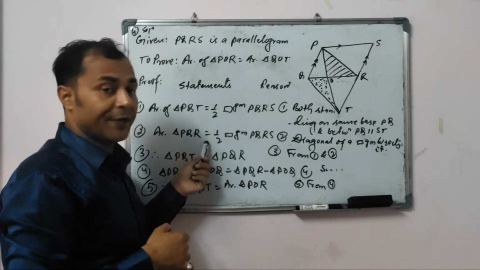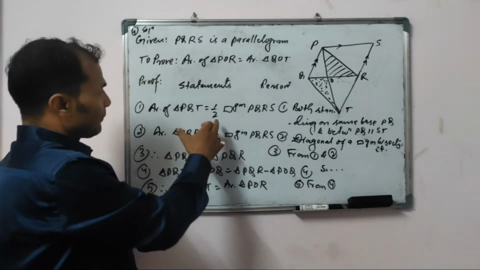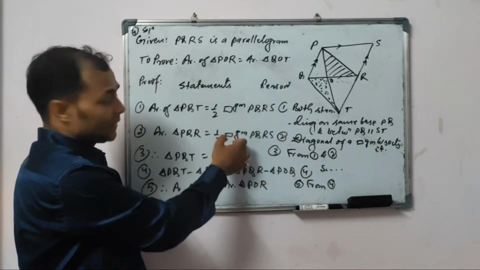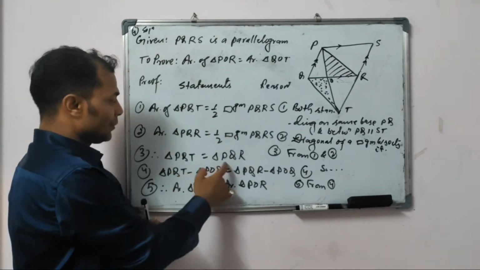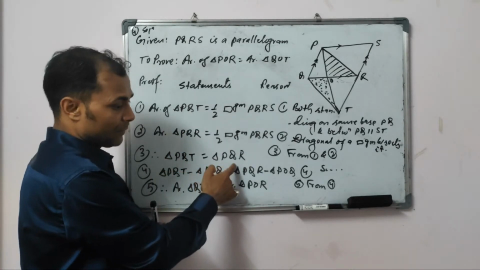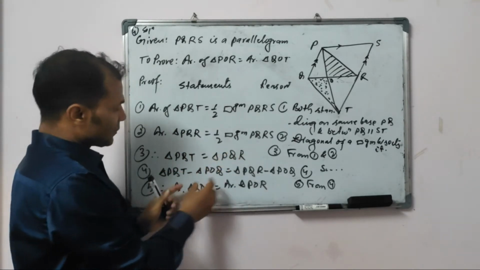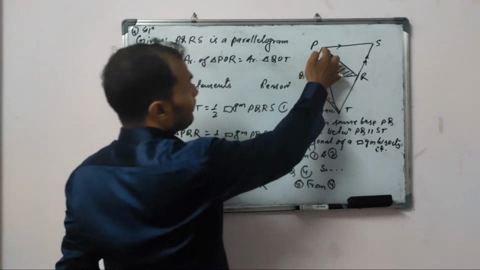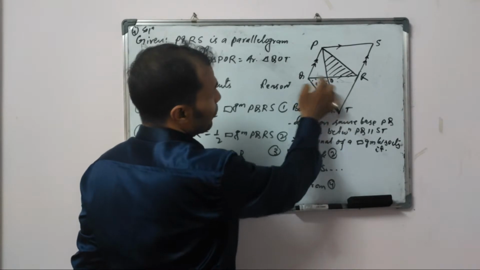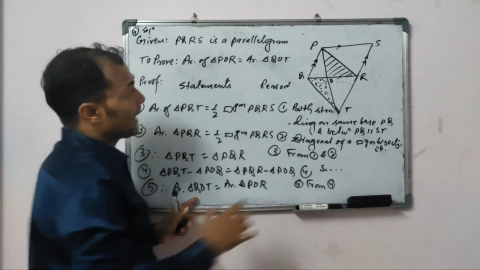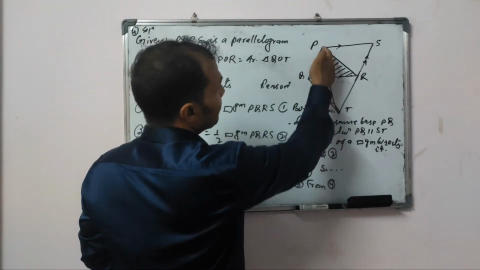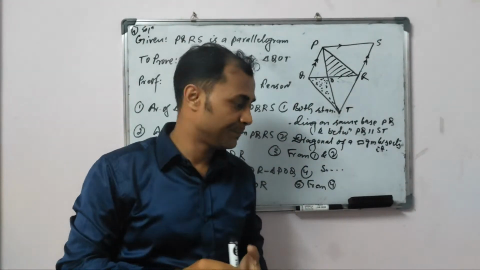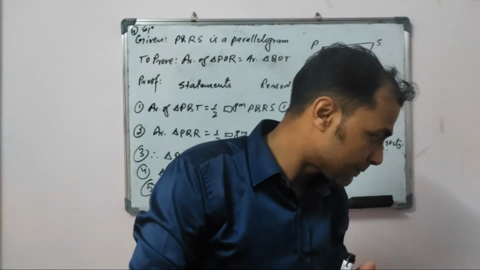Now what you got is, from statements 1 and 2, these two are different, but these two are same. It means these two also should be same. So triangle PQT equals to PQR. And once you get these two equal, let's subtract equal part from each, POQ, POQ. So ultimately, from PQT, if you subtract this portion, what is left? OQT, right? And here, from this, remove this, POR. So this is how we prove this problem. Is that clear, series?